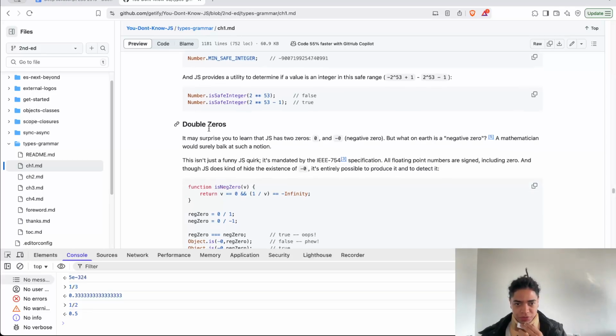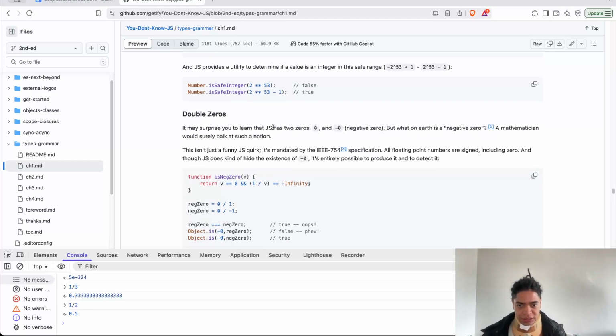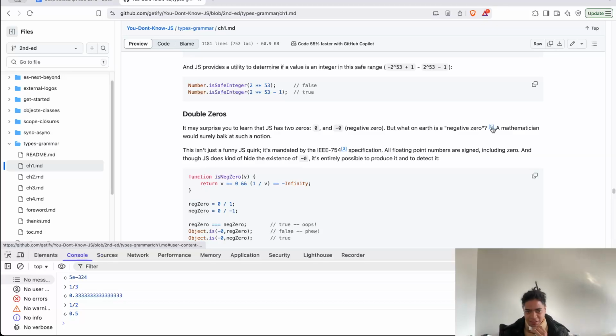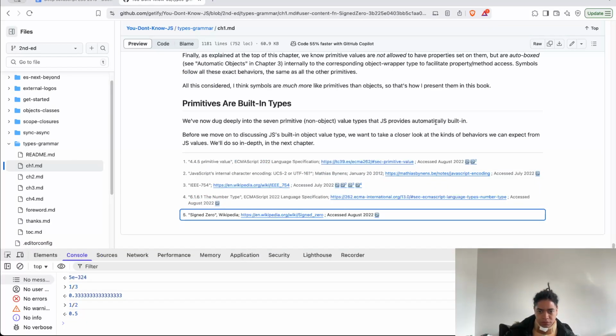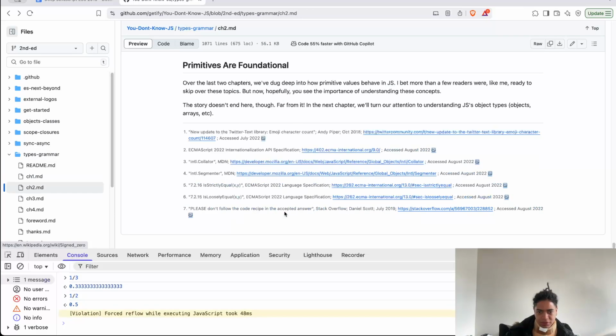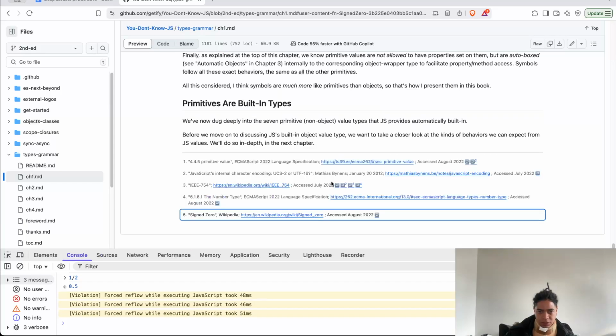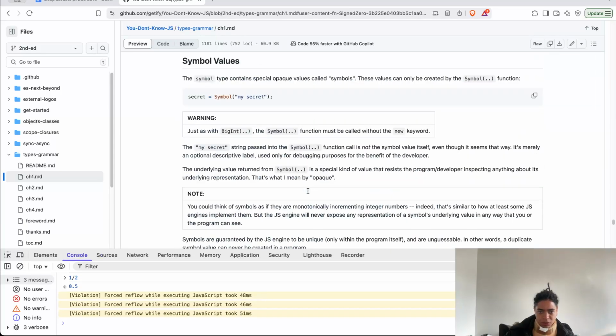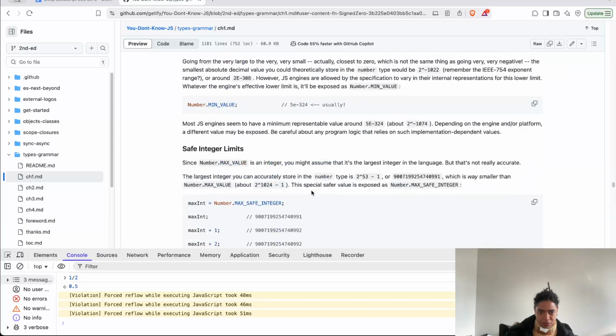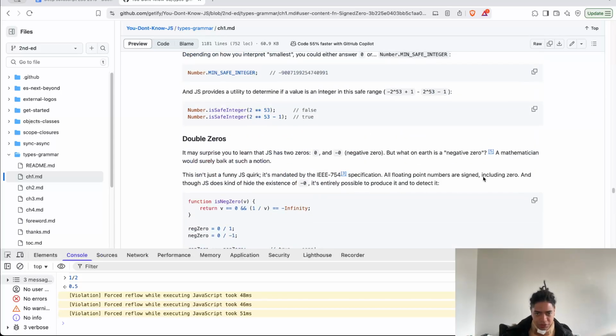Now you've got double zeros here. It might surprise you to learn that JavaScript has two zeros, positive and negative zero. But when on Earth is there a negative zero? Signed zeros.